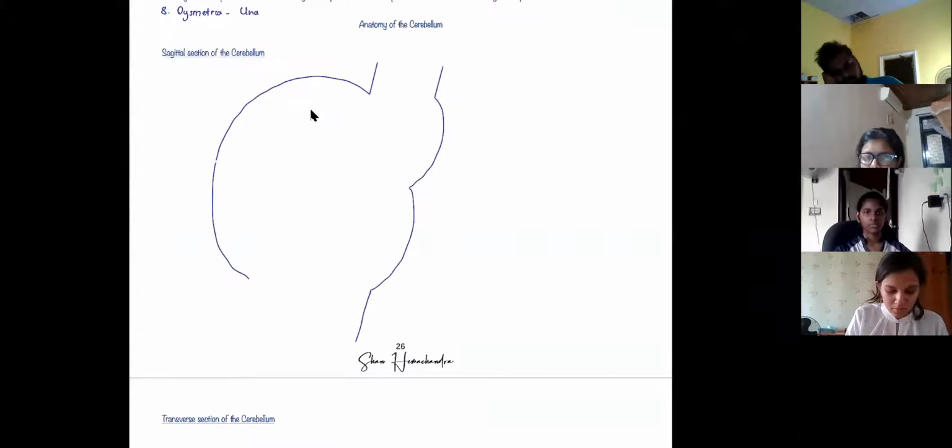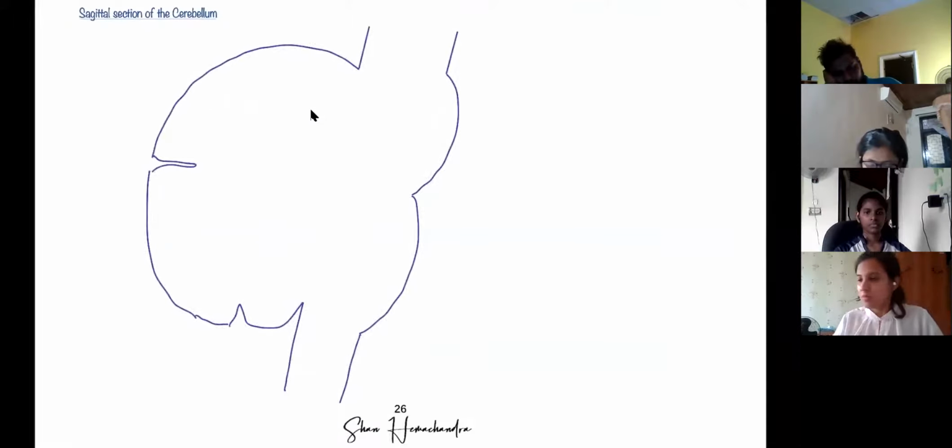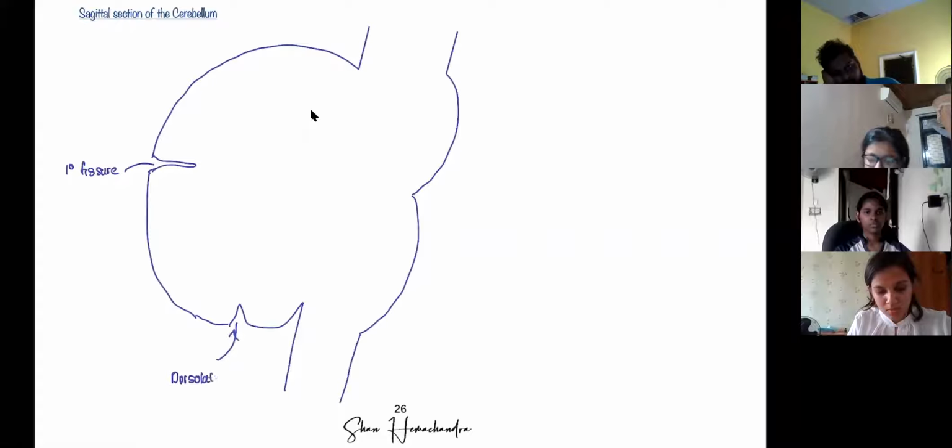Over here there's one fissure, and over here there's another fissure. This is called the primary fissure, and this is called the dorsolateral fissure.